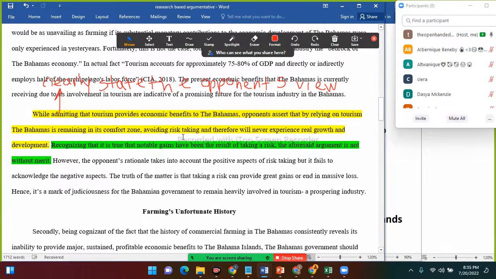I say, listen, if we look carefully, it is true that when persons take a risk, persons do experience real growth when they take risks. Can someone give me an example of someone taking a risk and the risk being successful?